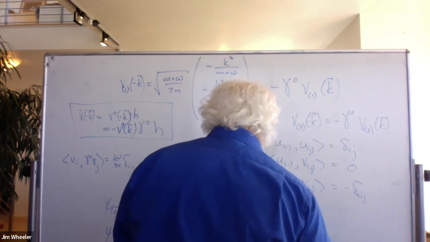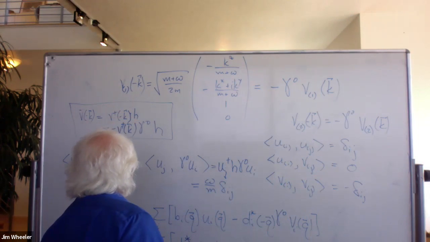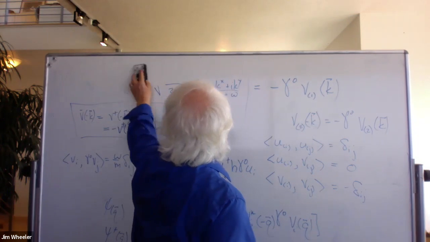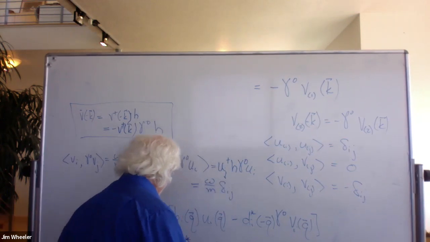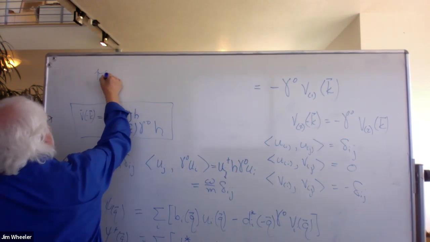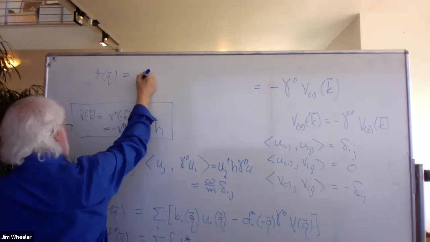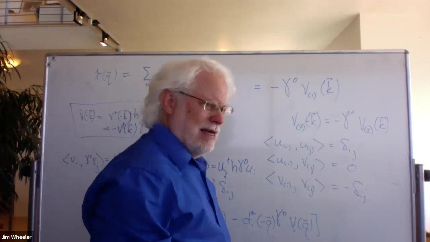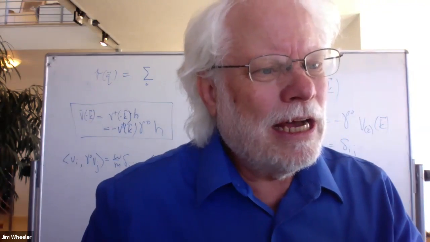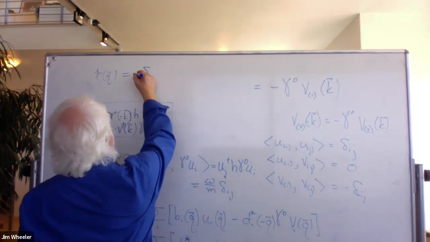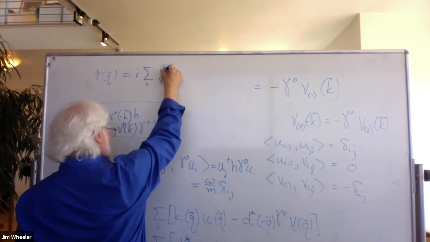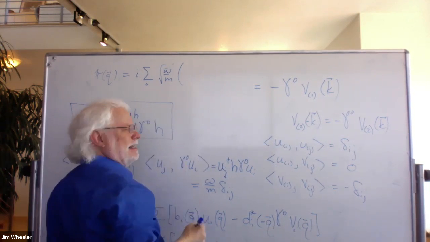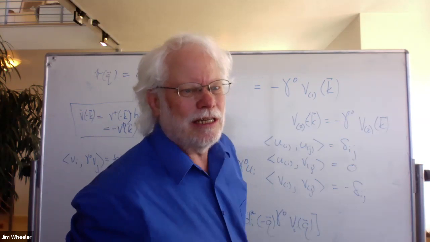So let me write out the pi of Q. All right, so pi should be I square root of omega over m, and then we should have a B conjugate U bar.